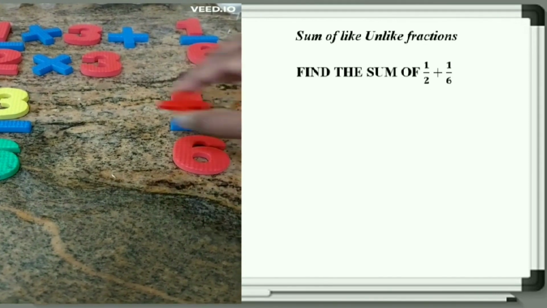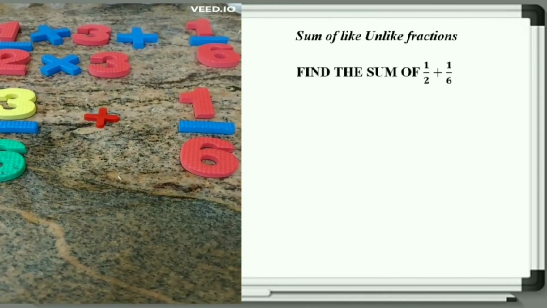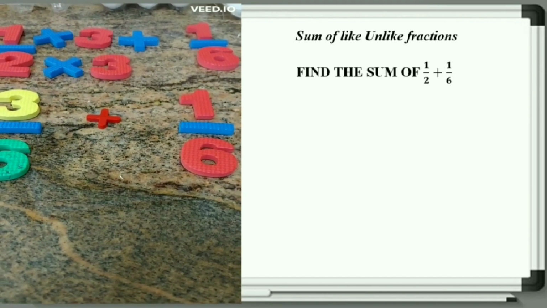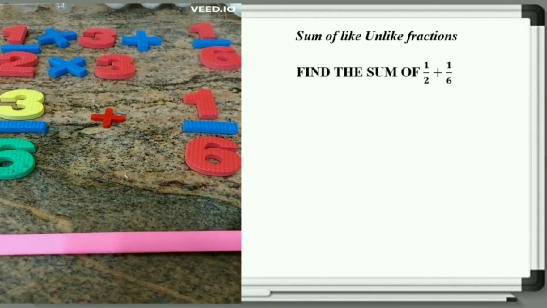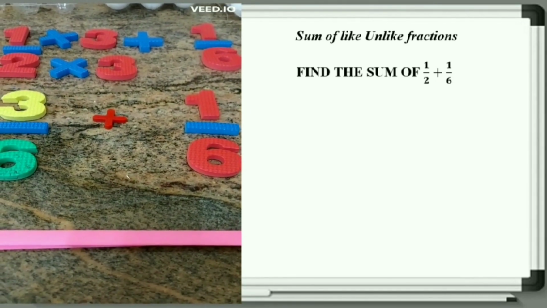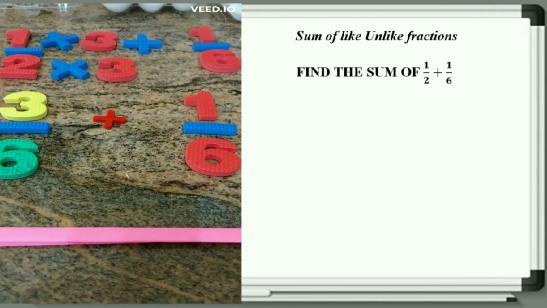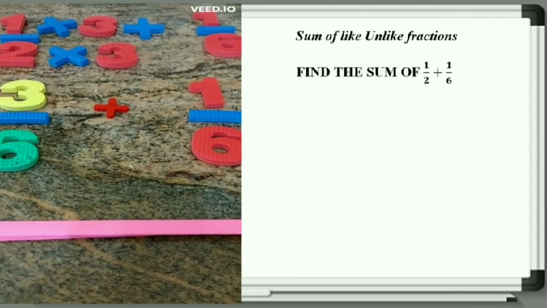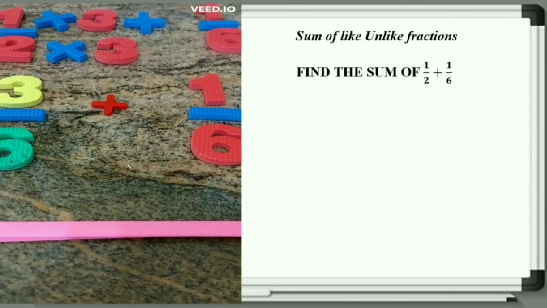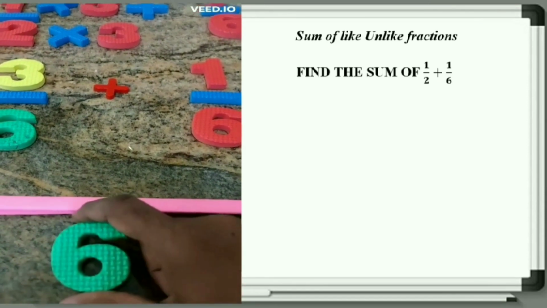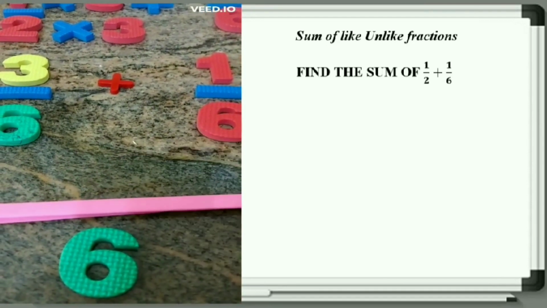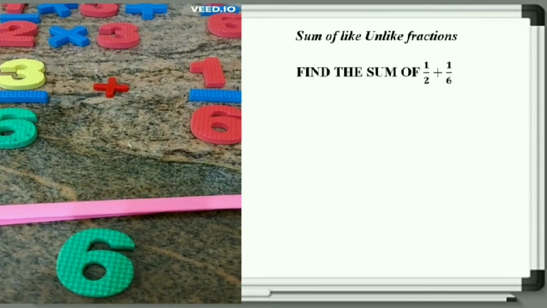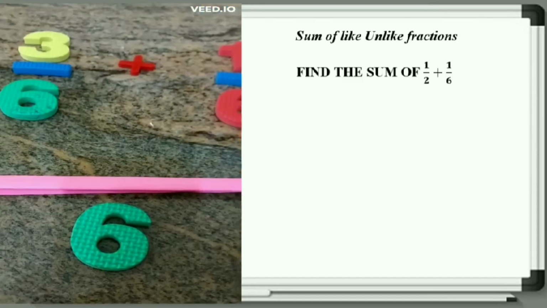Now I am going to find the sum of the two fractions, that is 3 over 6 plus 1 over 6. When I add up the two fractions, I will take the common denominator. My common denominator is 6. And what about the numerators? I'm going to sum them up.